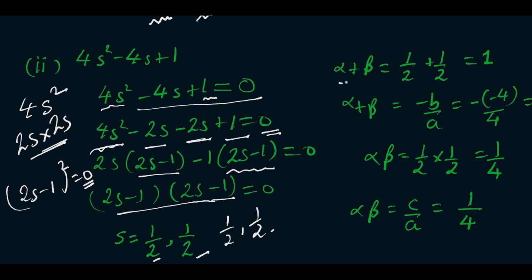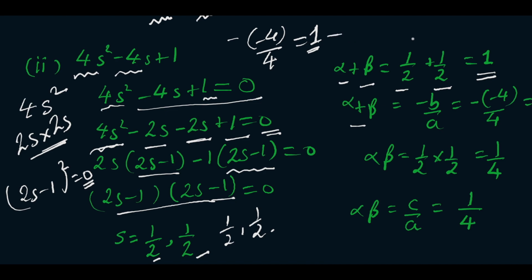So the value of our alpha plus beta is 1 by 2 plus 1 by 2, which is equal to 1. And we need to verify that alpha plus beta is equal to minus b by a. Here our b is minus 4 and a is 4. So what can we write? Minus of minus 4 by 4, which is equal to 1.